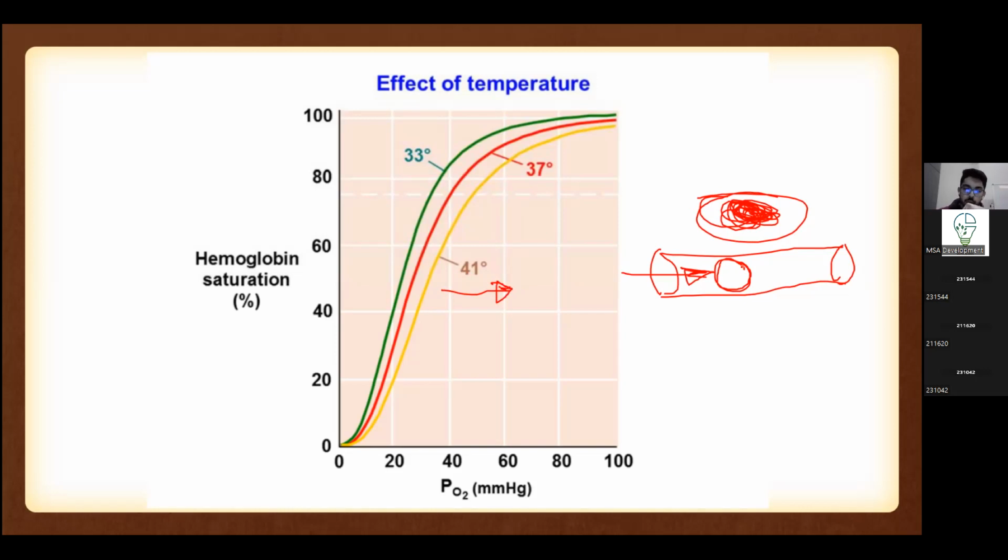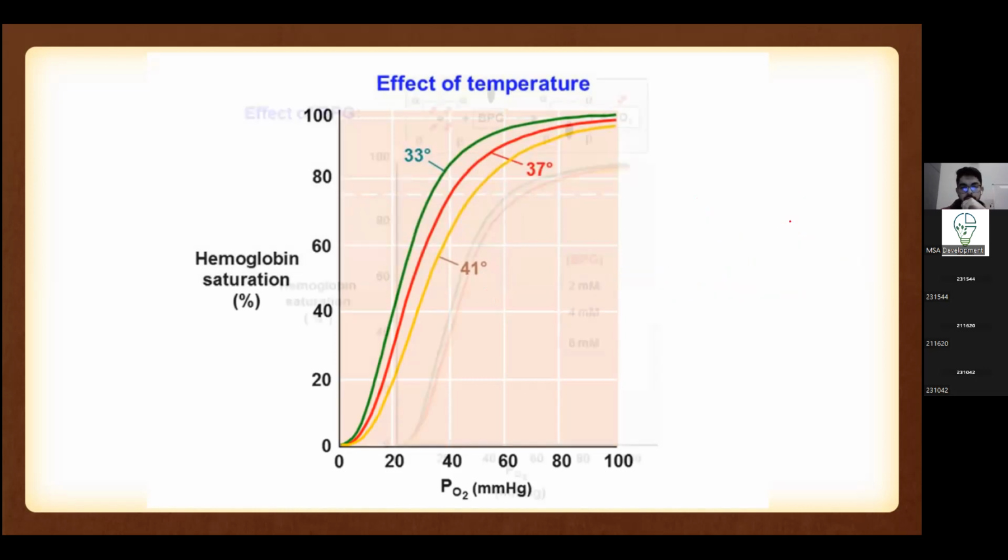So because hemoglobin here has less affinity to oxygen, it is going to release more and more O2 to the skeletal muscle. And this skeletal muscle really needs that O2 because it's exercising. Okay, so this muscle requires more O2, and through this mechanism, through the production of heat, it's going to decrease the affinity of hemoglobin to O2, and more O2 is going to be released to the skeletal muscle.